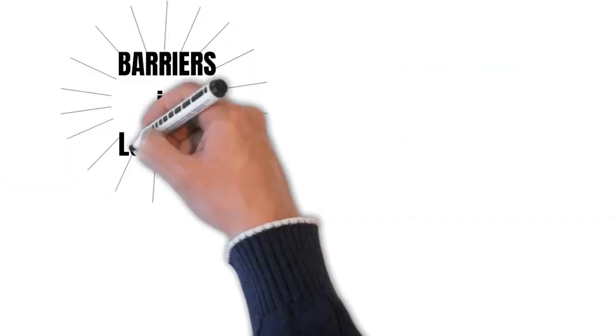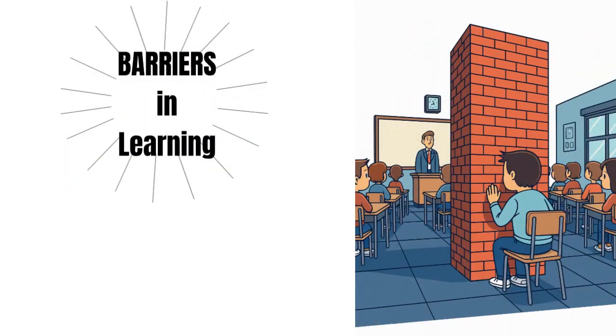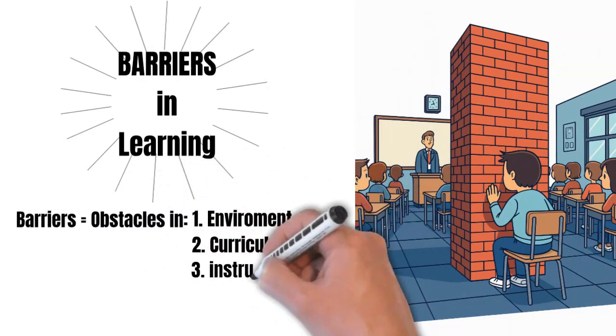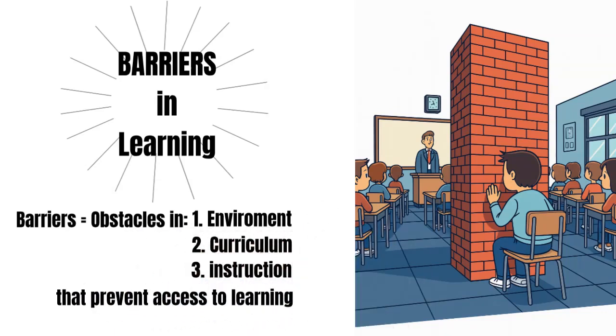Barriers in learning aren't inside the students. They are in the environment, the curriculum, or the instruction itself. Just like this brick wall blocks all students' views of the teacher, barriers can block access to learning. So, how do we overcome barriers to learning?